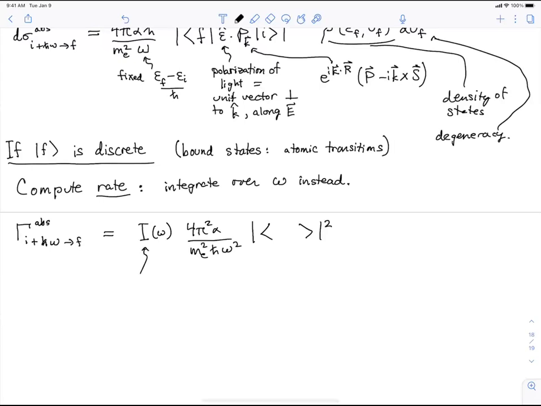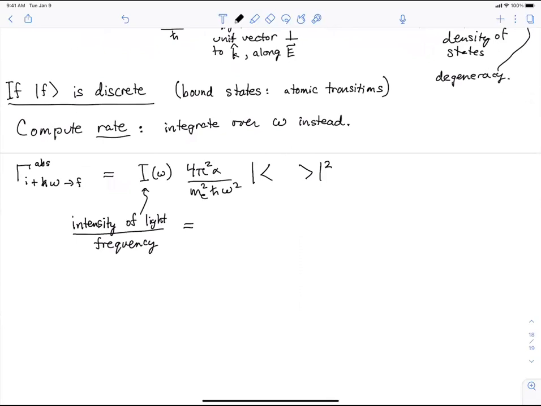And now let me tell you what that I of omega is. This is the intensity of light per unit frequency. Which is otherwise known, what's intensity? That's power per unit area. Per unit frequency.